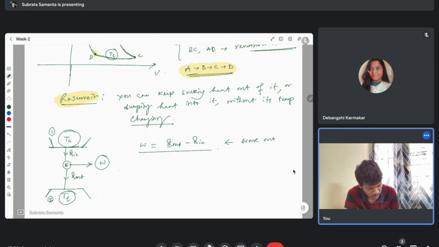We say that the engine cannot convert heat into work completely. So we define the efficiency of an engine, how good it is at converting heat into work.